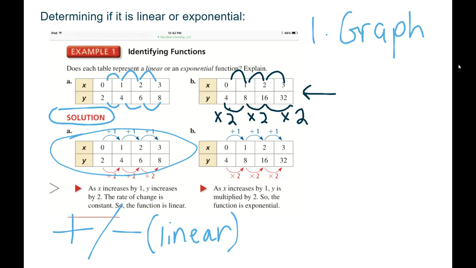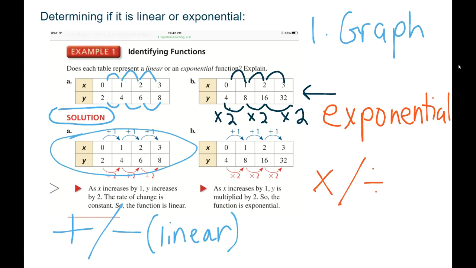Not a constant rate, but you can find your pattern, like times 2, times 2, times 2, or times 1/2, times 1/2, times 1/2, or something like that, then this is going to be exponential. So again, if it's adding or subtracting a constant, it's linear. If it's multiply or divide, and we can figure out what that pattern is, then it's going to be exponential.